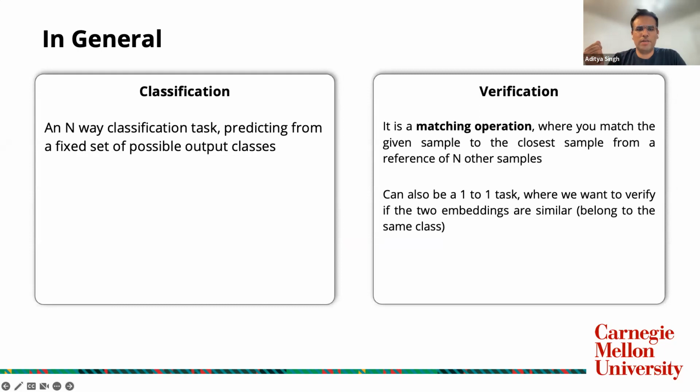So this can also be looked at as a one-to-one task where we want to verify if two embeddings are similar, or whether they belong to the same class. But it can also be extrapolated to where you have one image and n other images that you want to compare and find out which ones are similar or belong to the same class. And of course, you have to define how you measure closeness here. The general idea is that you look at two face embeddings and try to tell whether they belong to the same category or not.